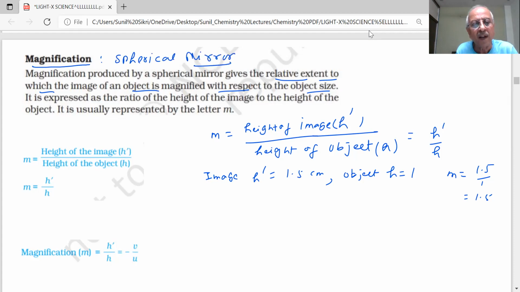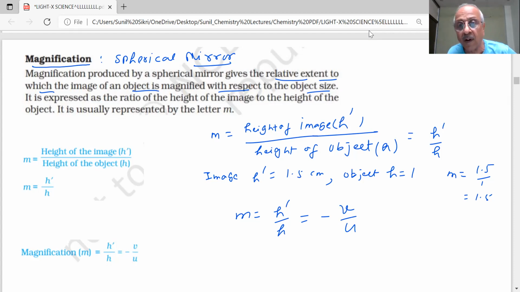Spherical mirror, student. Another formula of magnification we are giving: h dash by h is also equal to minus v by u. Now here we are using minus v by u, student. That's another formula. What is v?